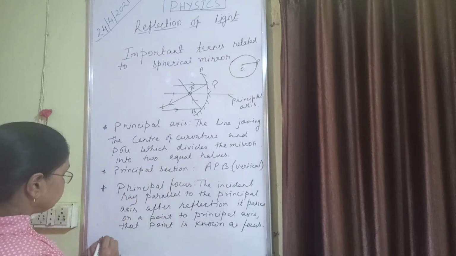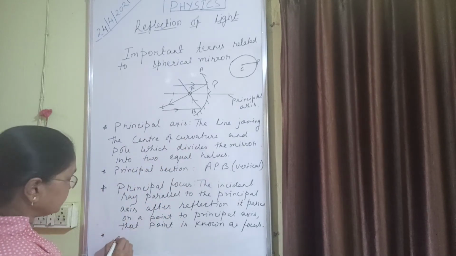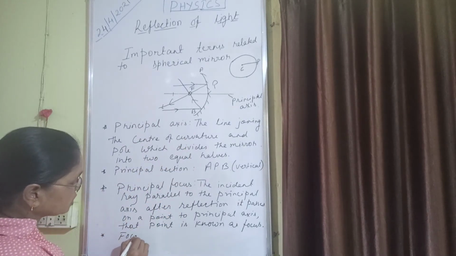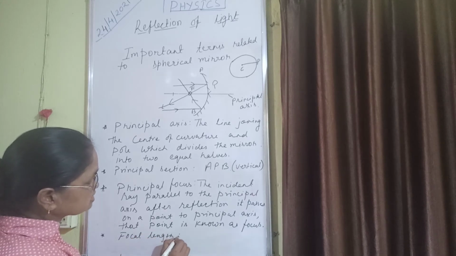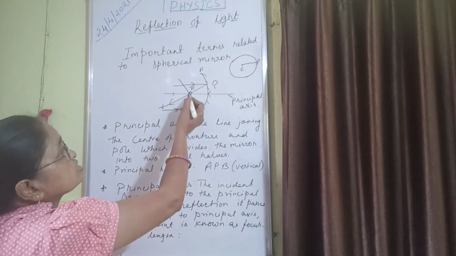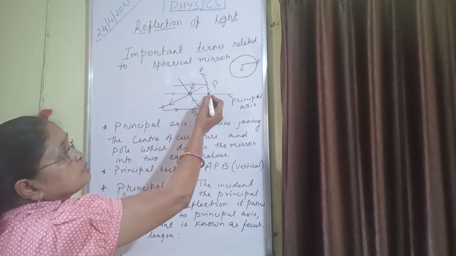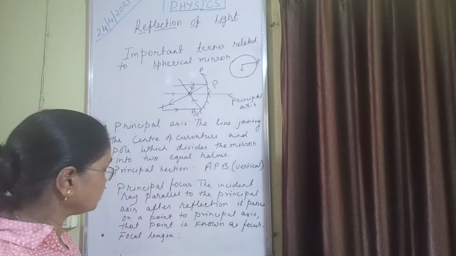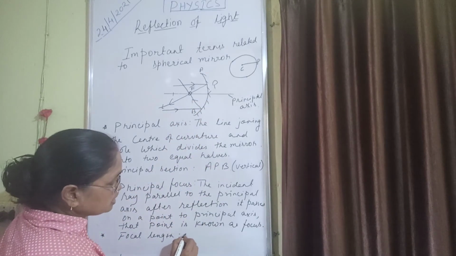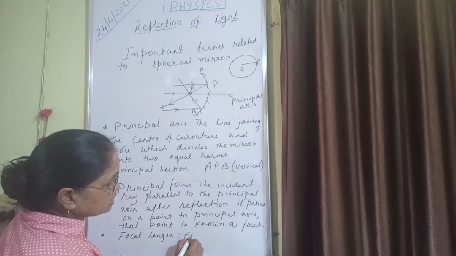Next you come to focal length. So, what is this focal length? Very simple, students. The distance between F and P, meaning the distance between focus and pole, is known as focal length. So, in bracket I am writing FP.